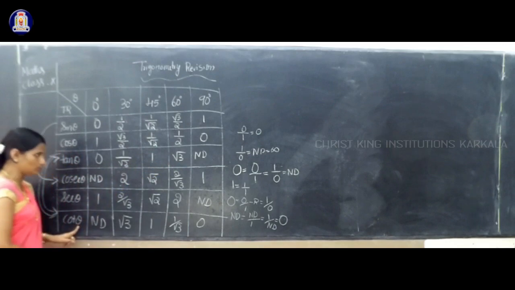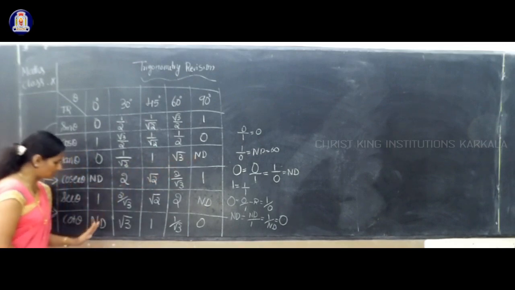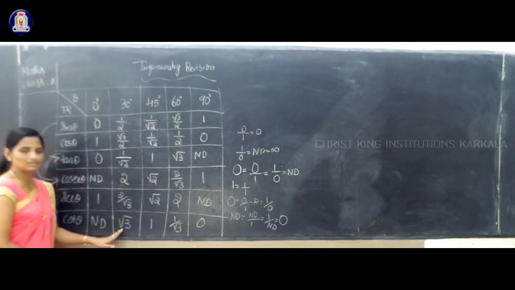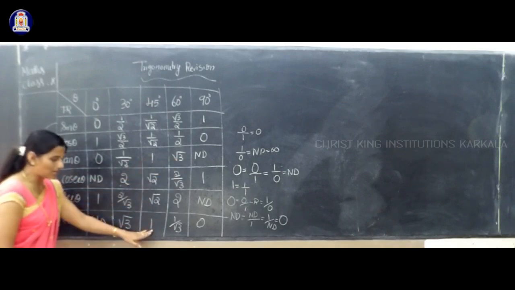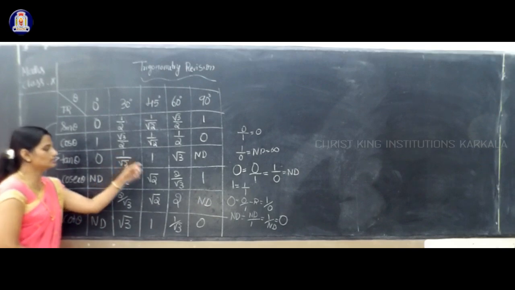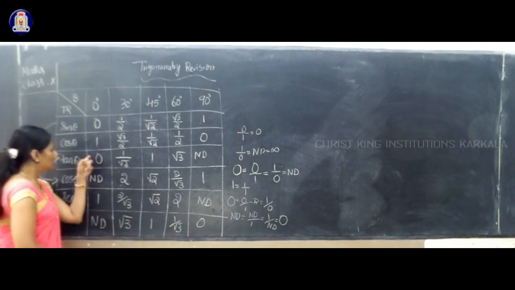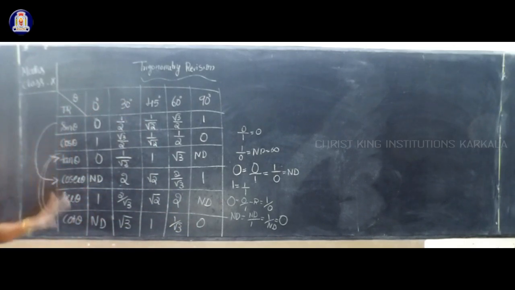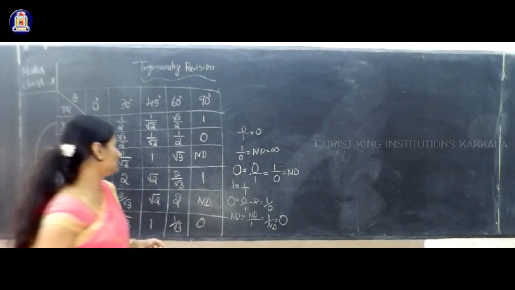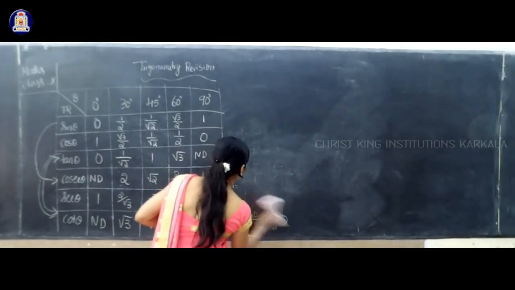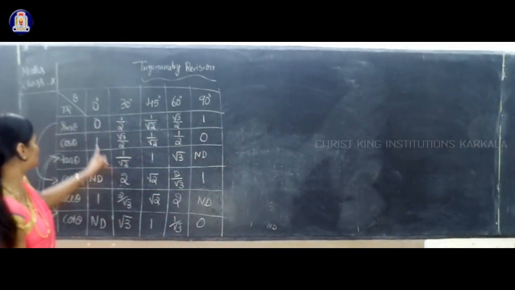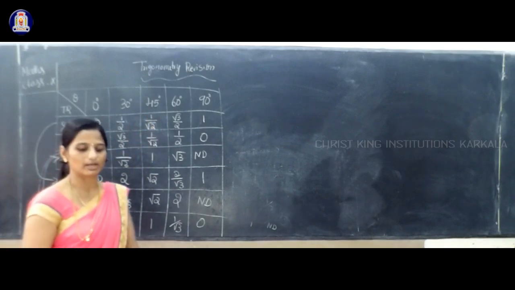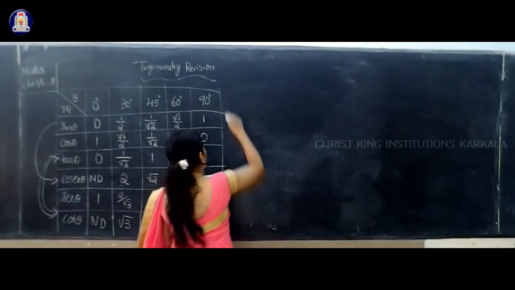Write the cot values from the other end. The last one is taken as the first box, the second last as the second, the third one as it is, and so on. So these are the values of the trigonometric ratios, and it is easy to remember in this way. First remember 0, 1 by 2, 1 by root 2, root 3 by 2 and 1. Now we will see some questions related to this.